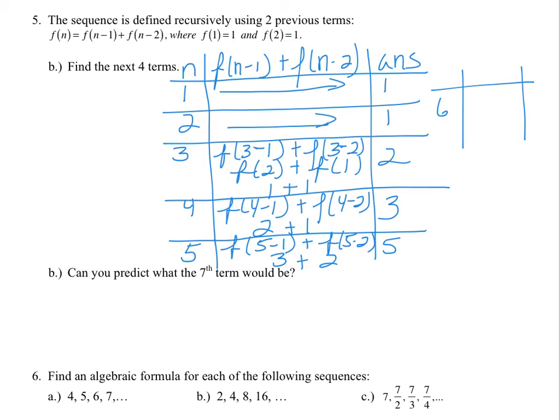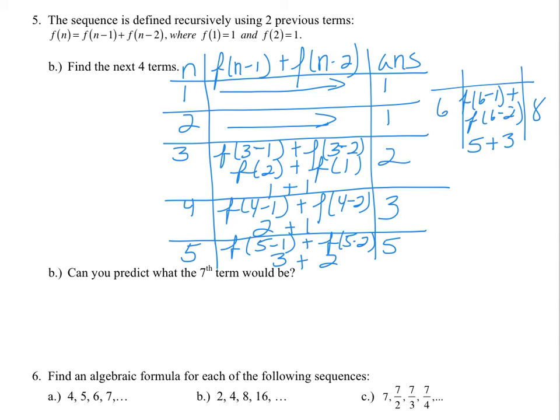So it's going to be f of 6 minus 1 plus f of 6 minus 2. So f of 6 minus 1 is f of 5, which is 5, plus f of 6 minus 2 is f of 4, which is 3, and then 5 and 3 make 8.